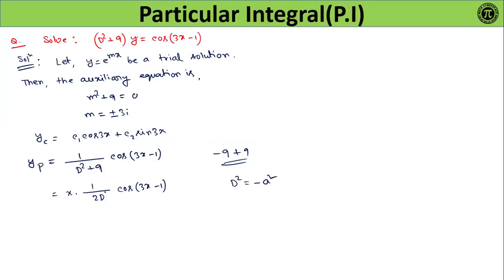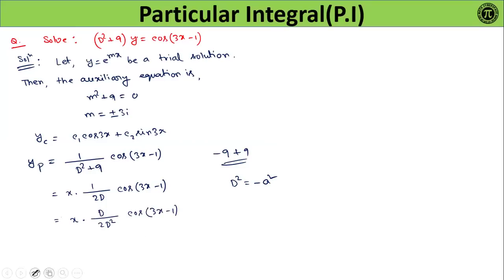But here you can see you have 2D, there is no term of D². So the process is you have to convert this 2D into a D square term. That's why I am multiplying capital D in both numerator and denominator. So x into D divided by 2D² of cos 3x minus 1.